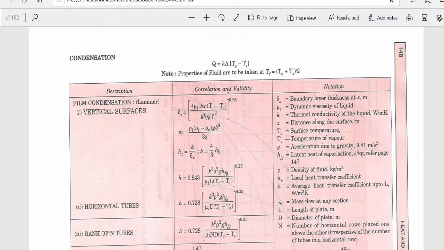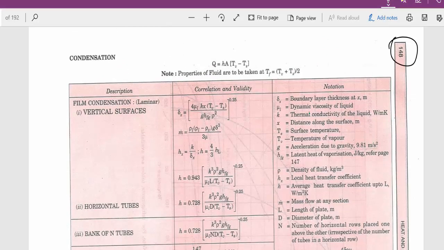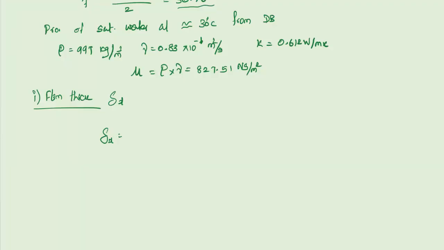Here at page number 148, the formulas are available. So delta x formula has to be taken. Second thing, local heat transfer coefficient hx value has to be taken. Third thing, average heat transfer value h has to be taken. All these formulas have to be written in the problem. So first, I am writing the delta x formula.